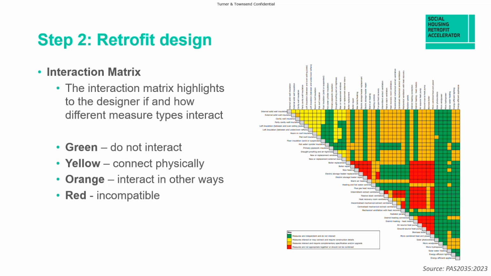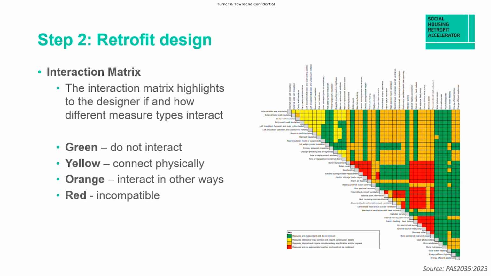Where there is yellow, there is a connection, and that might mean things like you might want to see how you've done airtightness testing. So, for example, let's say there's a hole that needs to be put through the wall to connect a pipe to a heat pump, and it goes through perhaps some other measure that's been put through there.